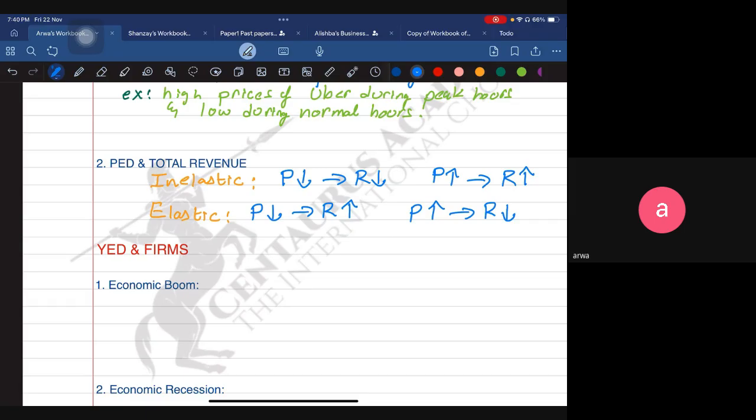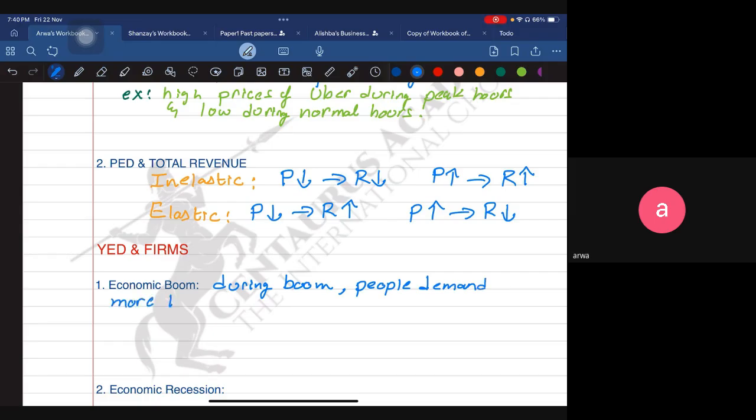An economic boom means a rise in income, so the demand for inferior goods goes down, the demand for normal goods goes up, and luxury goods demand can also go up. Very good.